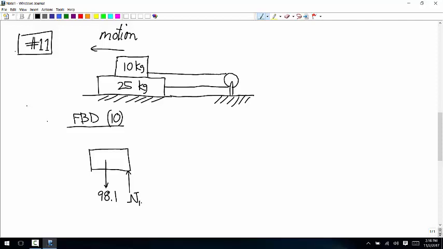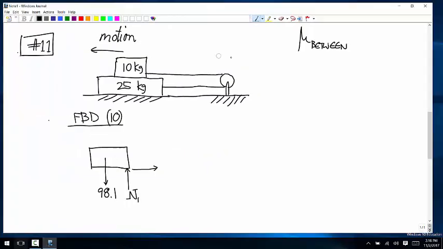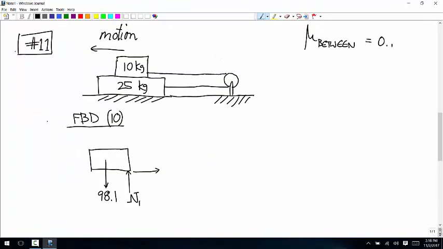And then there's a friction force. At this instant, the 10 kilogram box is sliding to the left, so the friction force has to go this way. I didn't say this, but it's in the problem that the coefficient of friction between the boxes is 0.1, and the coefficient of friction between the box and the floor is 0.2.